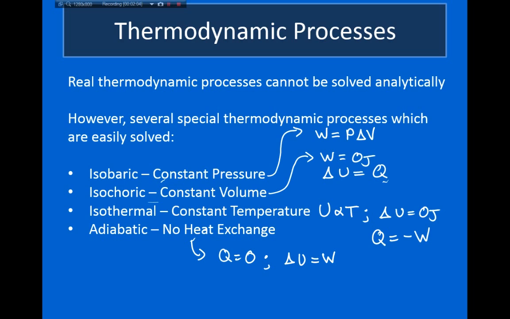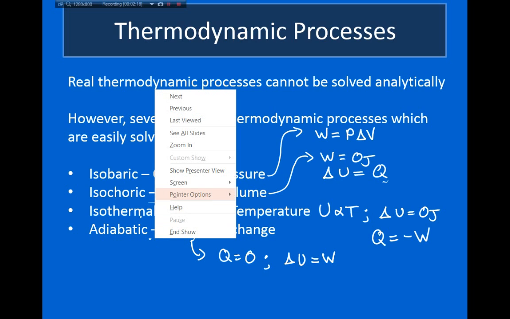Now at this point, I want to look a little bit deeper at these isothermal and adiabatic processes, and I'm going to be using a little bit of calculus. So if you haven't taken calculus before, you might just want to skip over this part because it might be a little bit confusing. Now, remember earlier in this video, we said that when the pressure of a gas changes as the gas expands, the work that is done is equal to the area underneath the pressure versus volume graph.